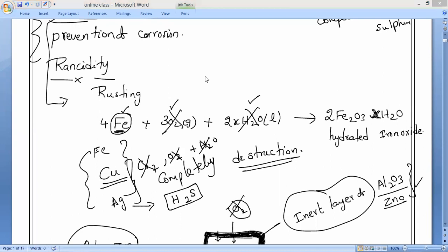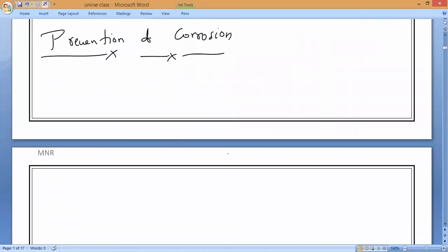Now, what is the prevention of corrosion?